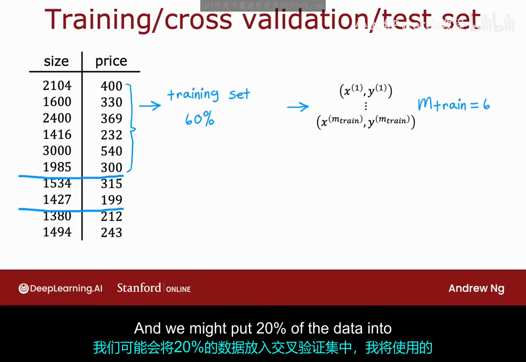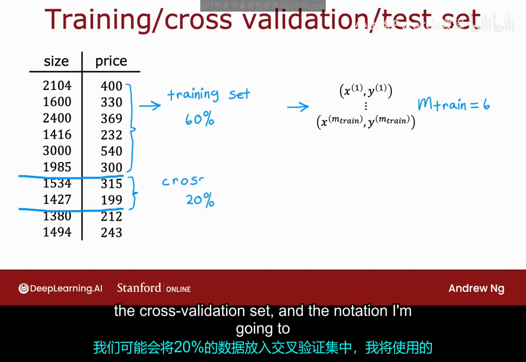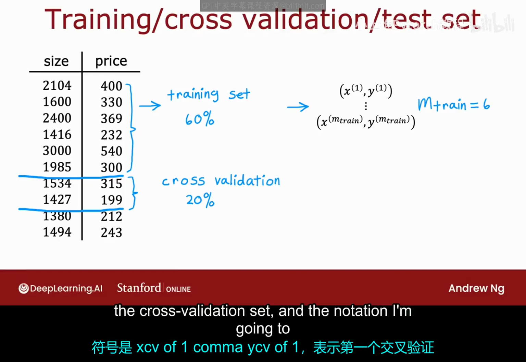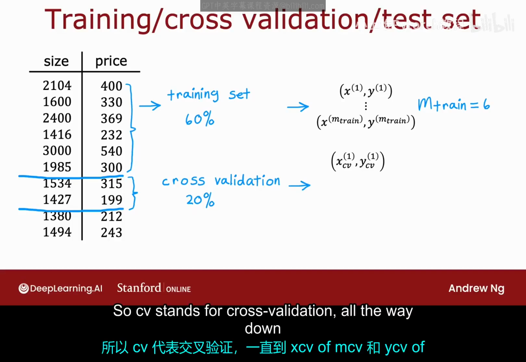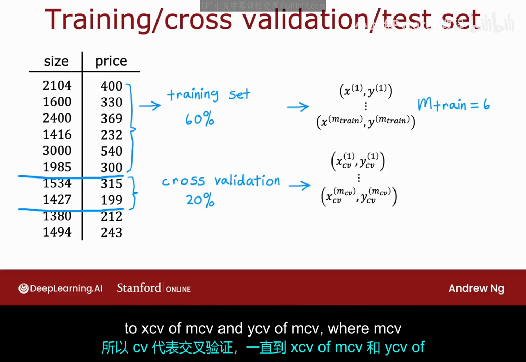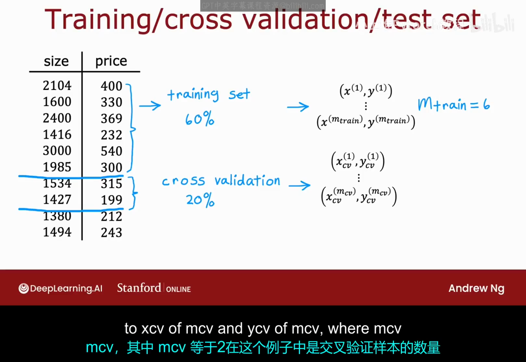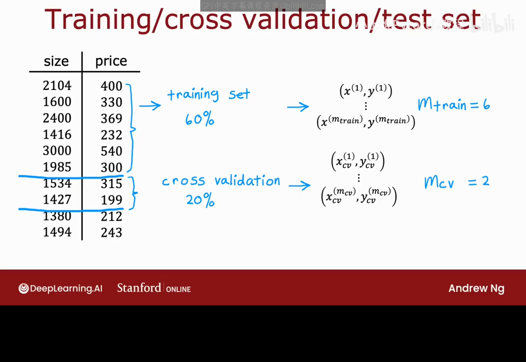And we might put 20% of the data into the cross-validation set. And the notation I'm going to use is xCV of 1, comma, yCV of 1 for the first cross-validation example. So CV stands for cross-validation, all the way down to xCV of mCV and yCV of mCV, where here mCV equals 2 in this example is the number of cross-validation examples.